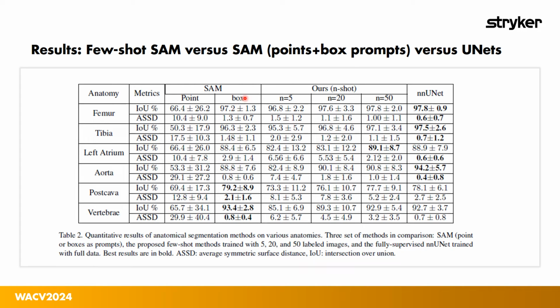You also see here our approach with only 5 labeled images already gives results way better than SAM using point prompts. As you increase the number of labeled images until you reach 50 labeled images, the result is on par with SAM using box prompts or the UNet approach.